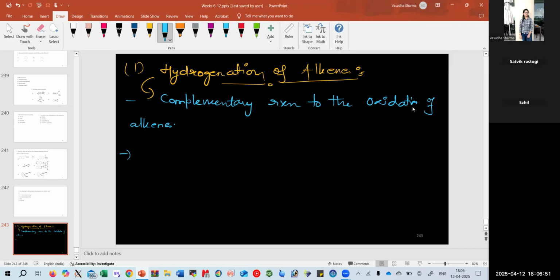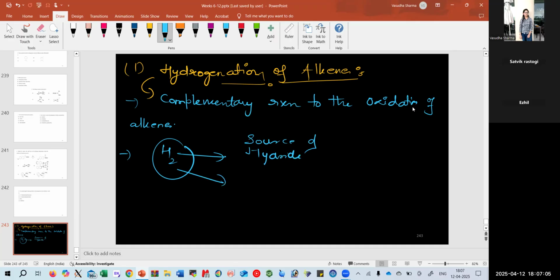And here, H2 is the source of hydride, and for this also it needs to be activated.